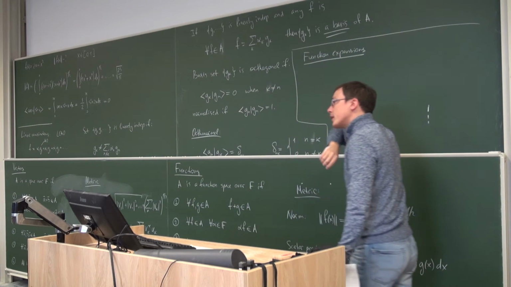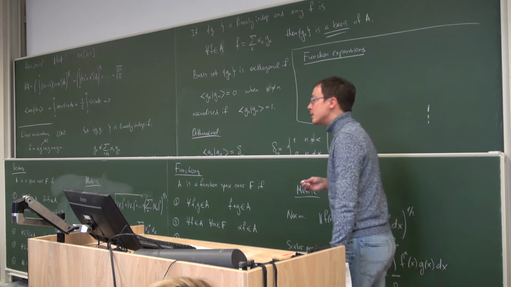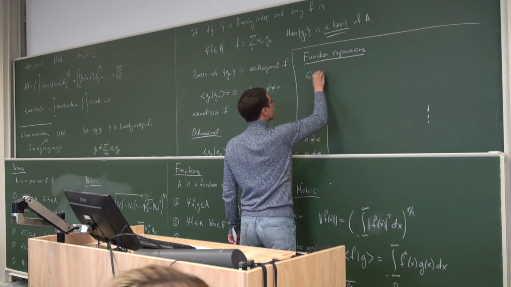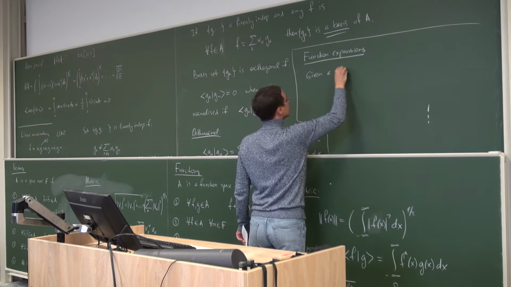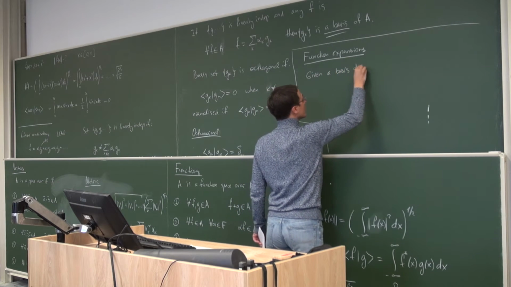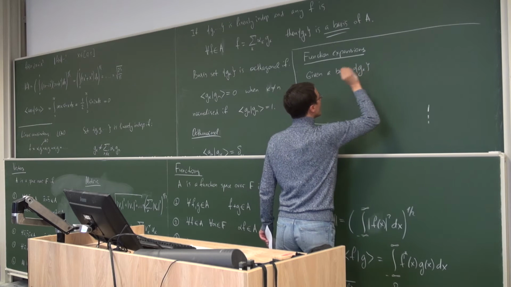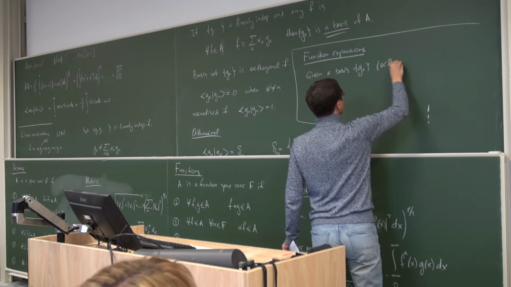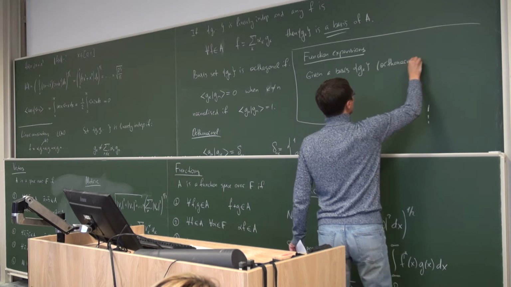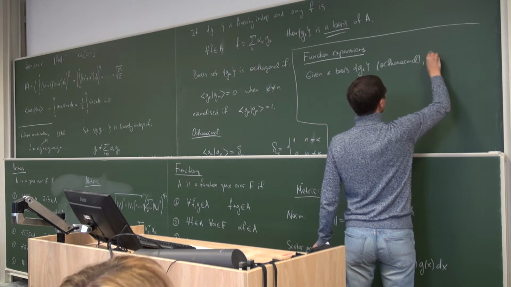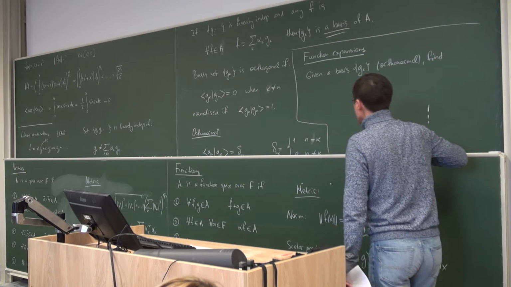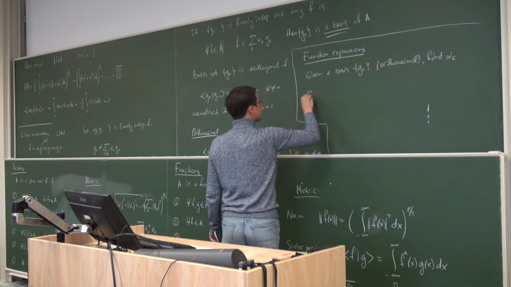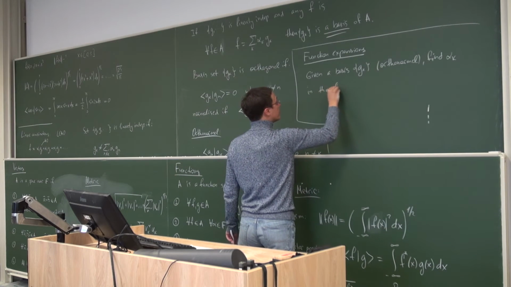Let us say that we have a basis, some linearly independent functions. Given a basis G k, and we will make it orthonormal, find the coefficients in the following expansion.